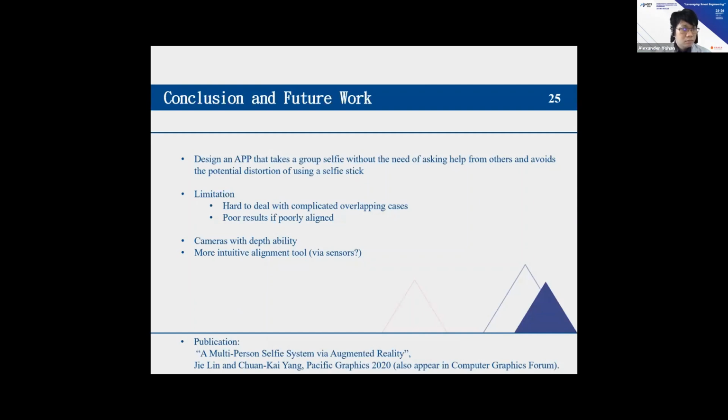So in the future, we can try to make use of the depth capability available on most modern phones or new phones. And also for the alignment, we can try to make use of the available sensors to make the alignment process more intuitive.